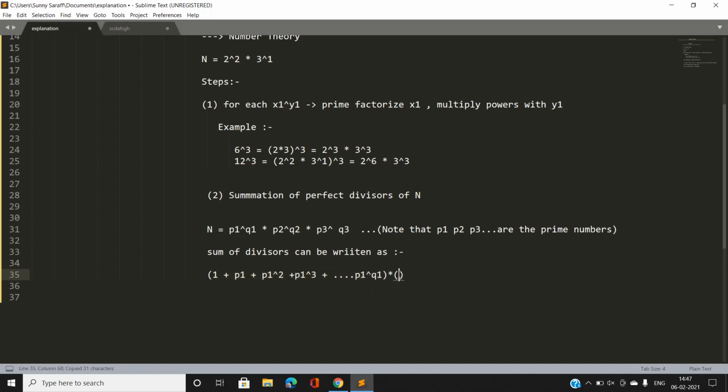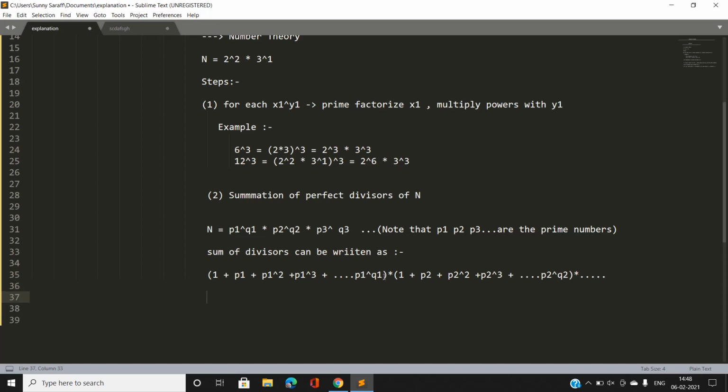So in this case I am going to write 1 plus p2 plus p2 square plus p2 cube, and it goes up to p2 power q2, and similarly if there are some more terms like p3 q3, p4 q4, our sum of divisors can be obtained by multiplying all these statements. Okay, so how are we going to do this in the most efficient way? Let us understand this.